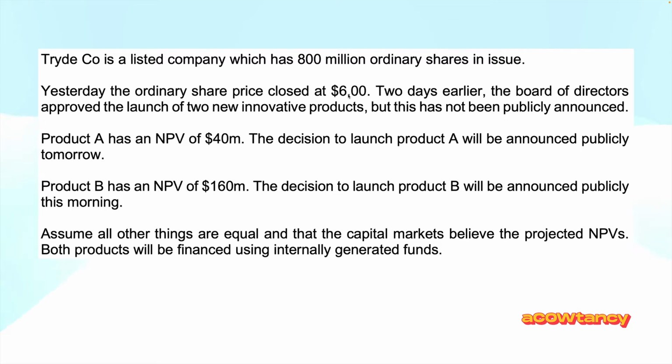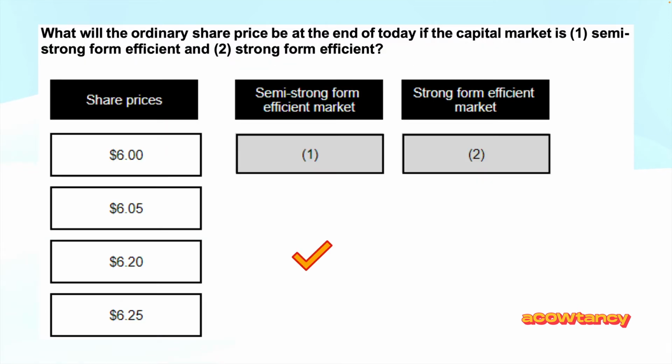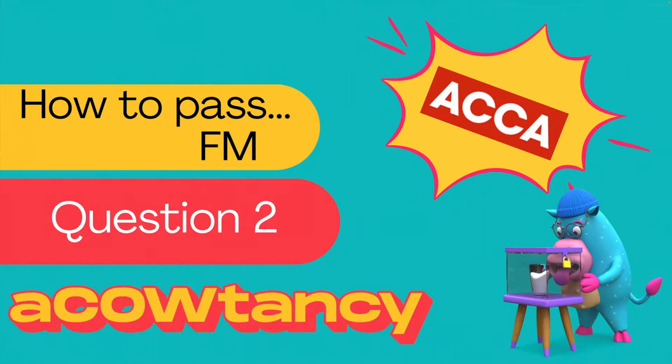And so the share price of $6 would be right because it knew the past, the public and the inside. And so it would just stay at $6. Okay, so semi-strong knows past and public when it arrives. Strong knows everything. So it's always like the perfect price.